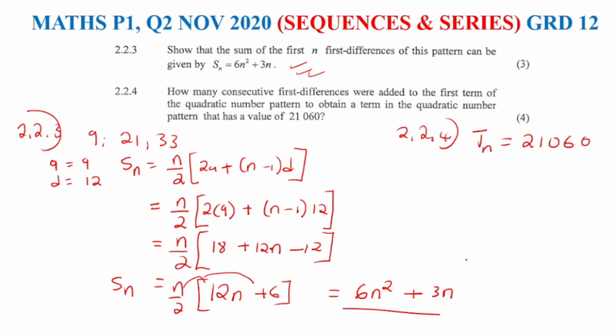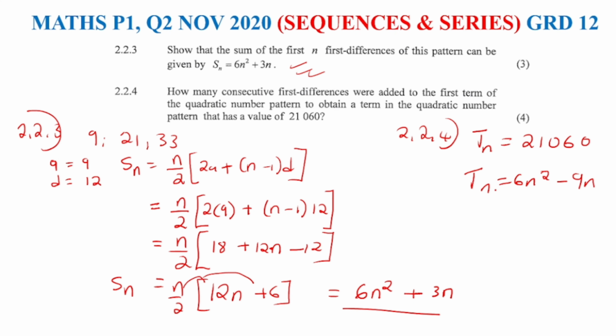21060. So it means we just have to say, we already know the general formula that we're using for this quadratic. It's Tn = 6n squared, as calculated previously, minus 9n.